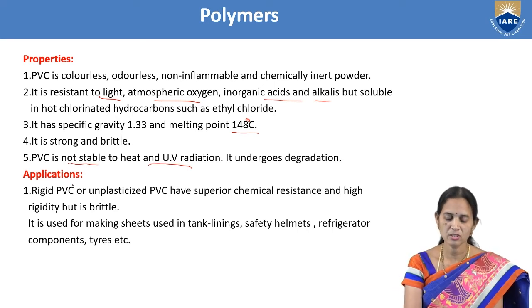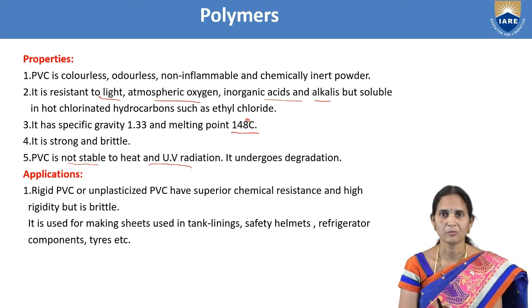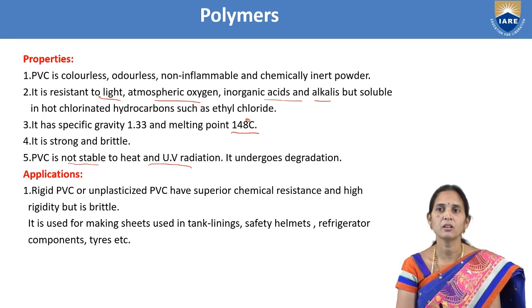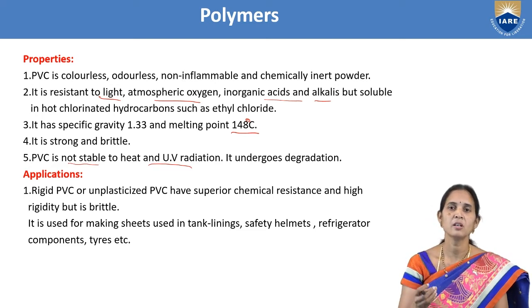So what are the applications of polyvinyl chloride? This polyvinyl chloride is strong and brittle. The rigid PVC or unplasticized PVC has superior chemical resistance and high rigidity, but it is brittle. They have more hardness, but it is easily breakable.